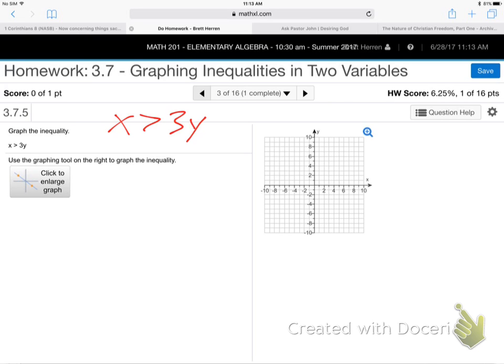It's going to have shading. You got a greater than, less than. It's going to have shading. So what do you need to do first? Get y alone. Y needs to be alone.